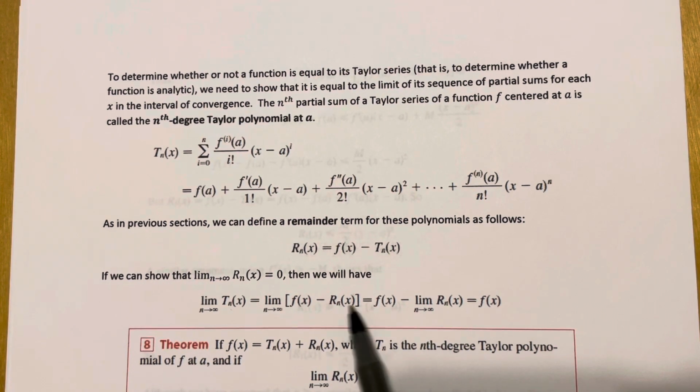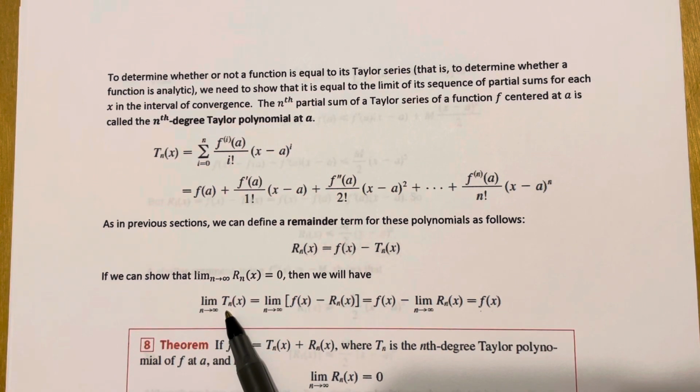It's just f of x minus the limit as n goes to infinity of Rn of x, which we assumed goes to 0 here. That would leave you with just f of x. But of course, this limit as n goes to infinity of this nth degree Taylor polynomial is literally just the Taylor series. So in this case, we have that the Taylor series is equal to the function f of x.